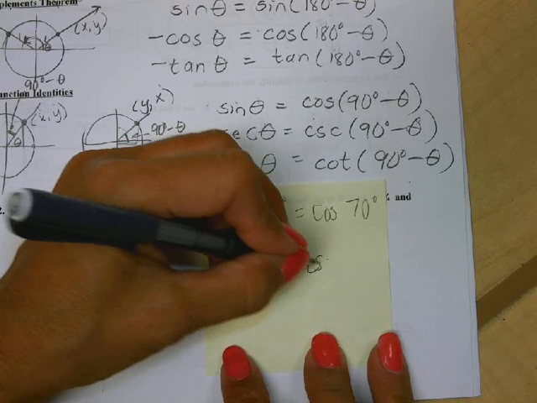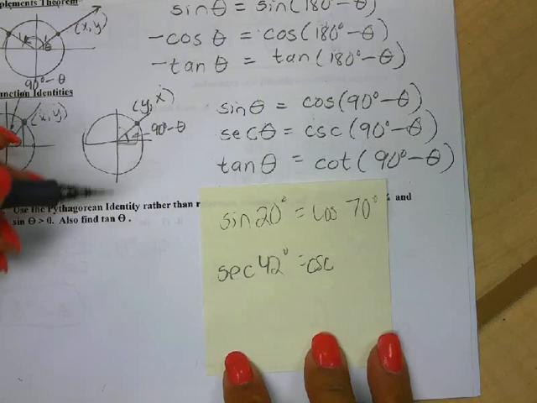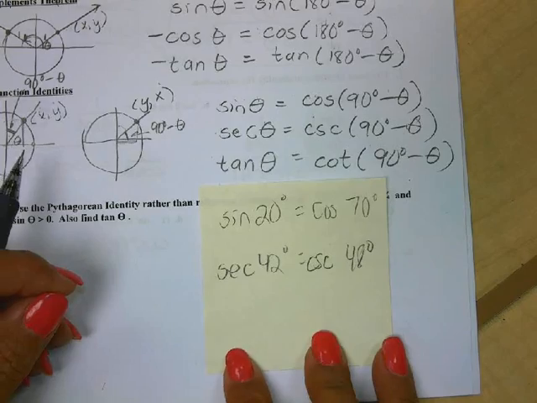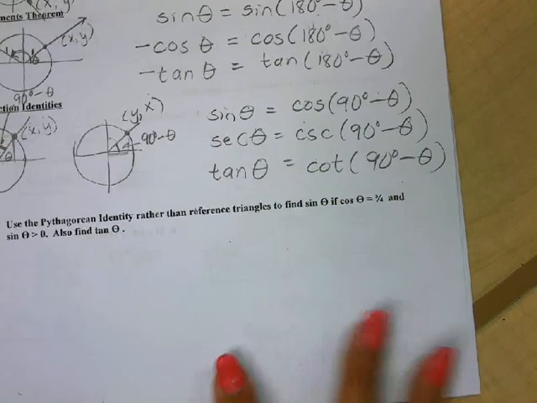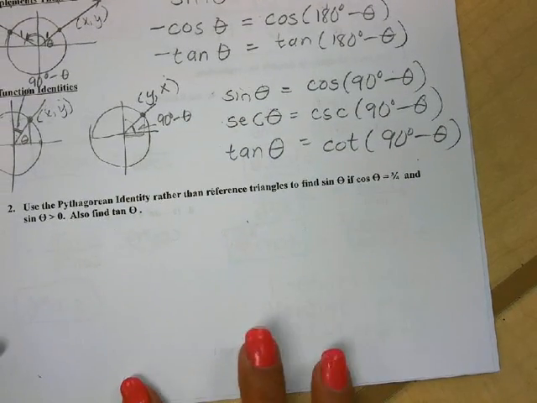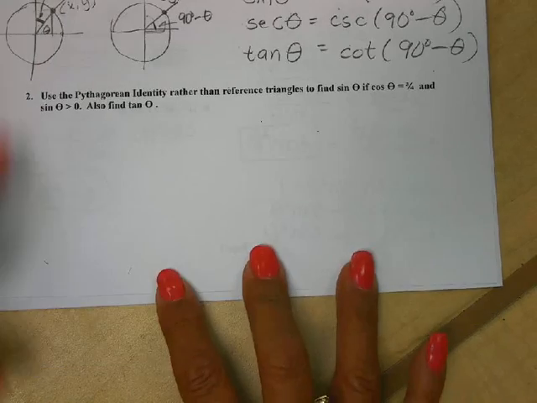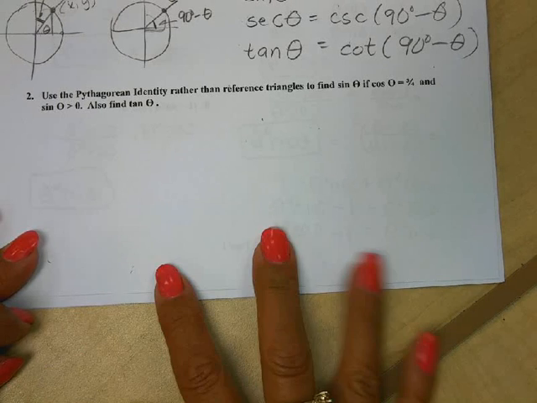If I had the secant of 42 degrees, then the cosecant of 48 degrees, its complement, would be equal, and so on. So the cofunctions deal with complementary angles.